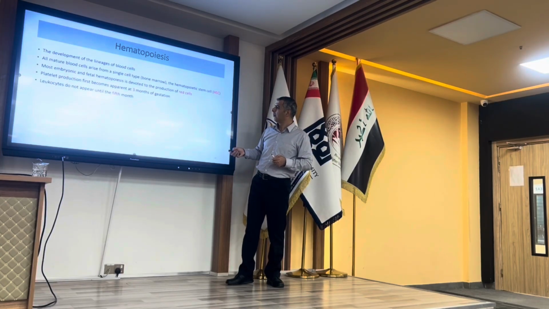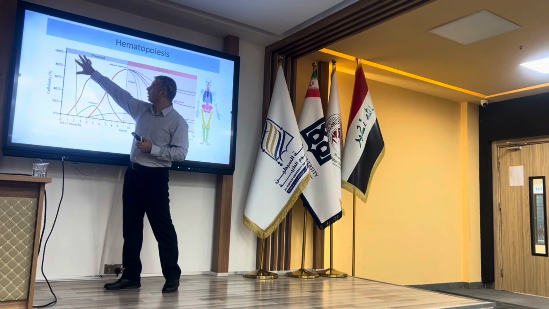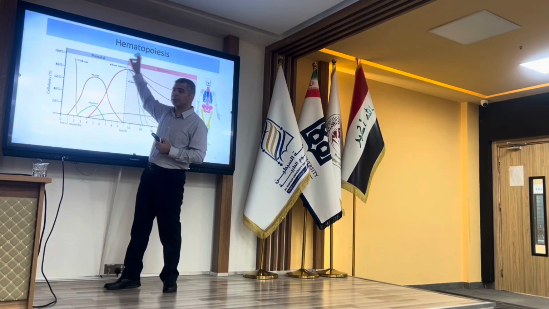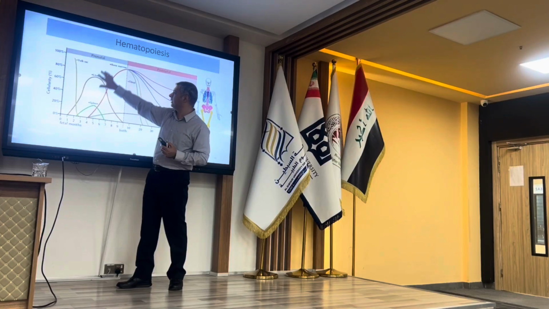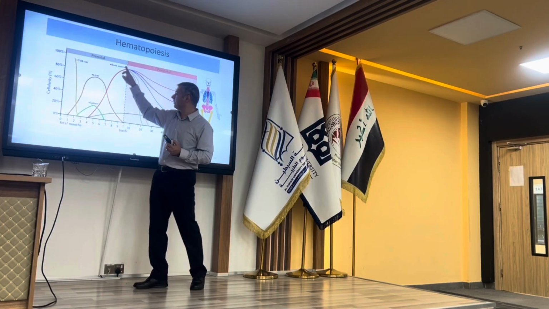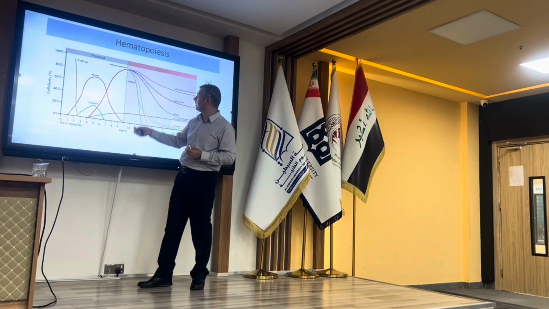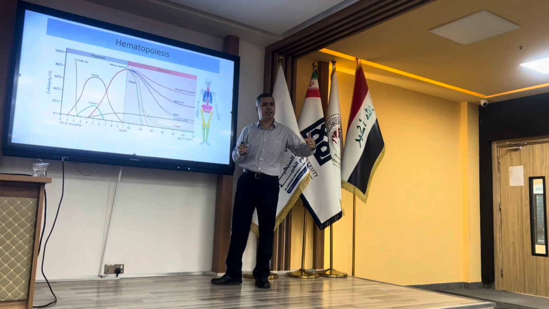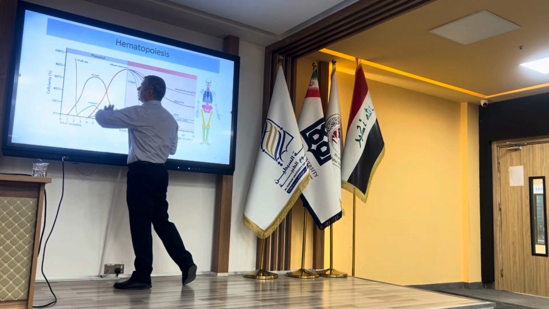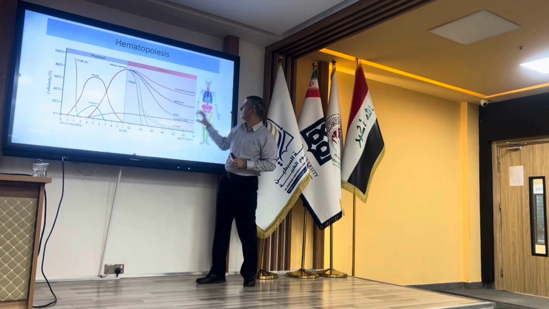Before birth, the production of blood begins in the yolk sac and then in the liver and spleen. After birth, the bone marrow is the main site of blood production. So before birth, the main sites are the yolk sac, liver, and spleen, but after birth, the different bone marrows.